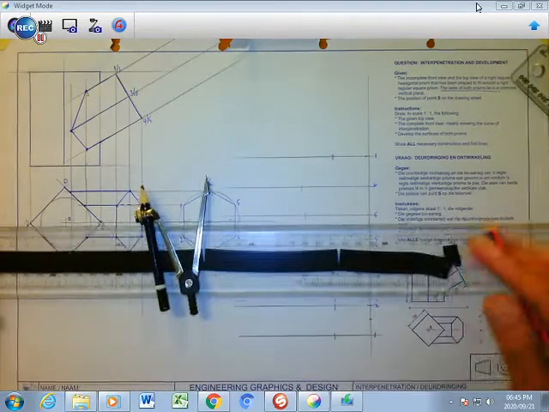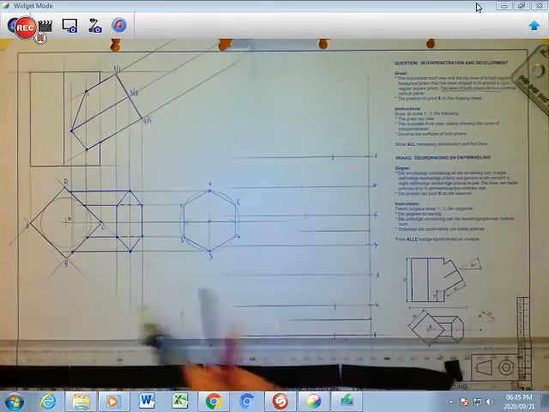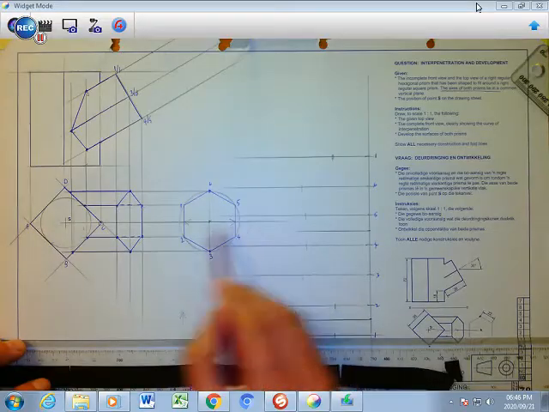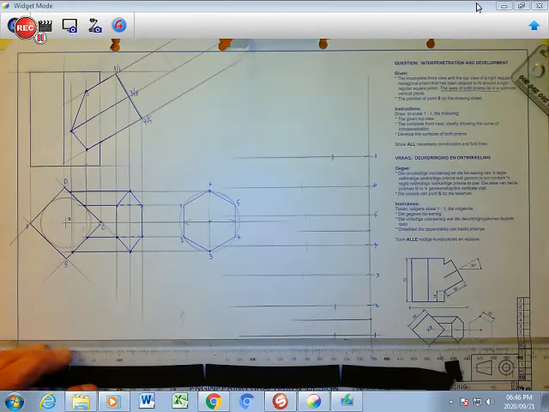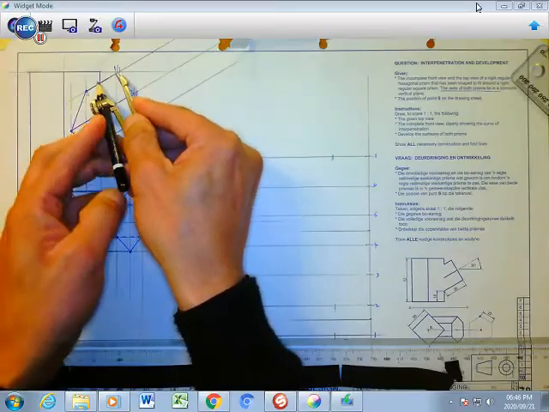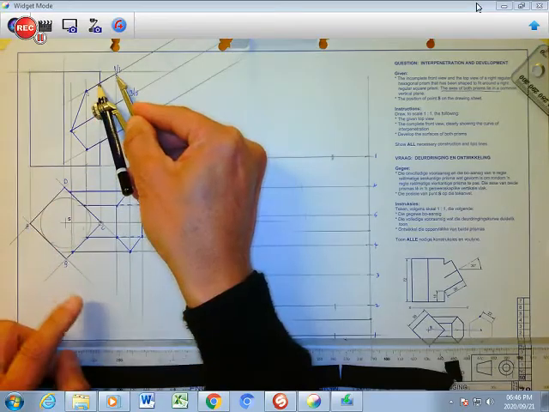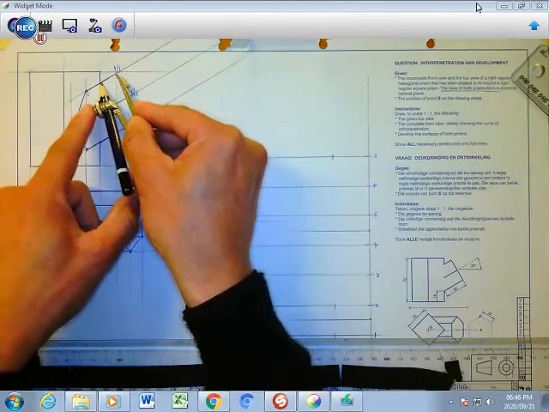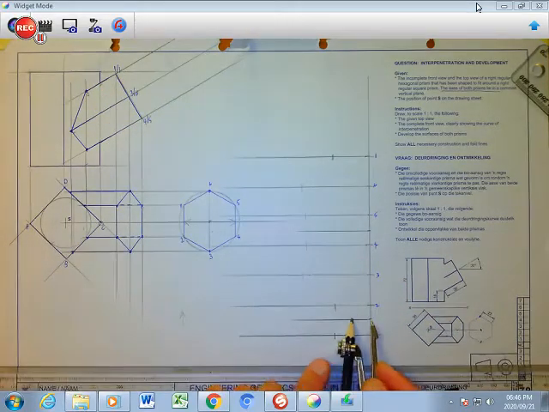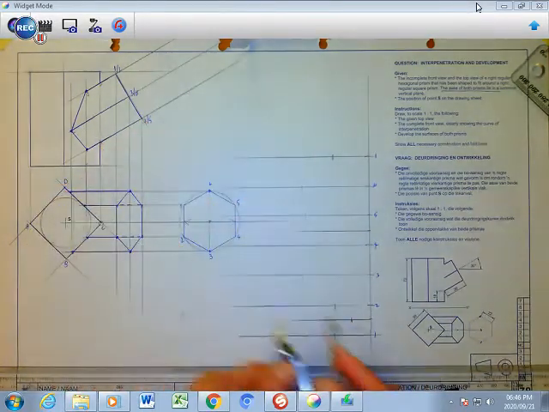And I'm going to bring that line into consideration there, being halfway between 4 and 5, right, and 1 and 2, and my length will be slightly different. So I go to that point, that is my top point, where my C goes around, that's my top point. In between 1 and 2, it will have that length. And in between 4 and 5, it's going to have that length there.